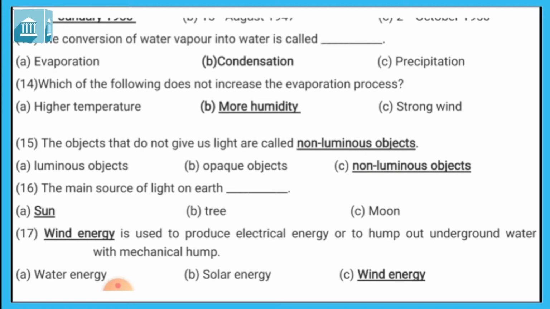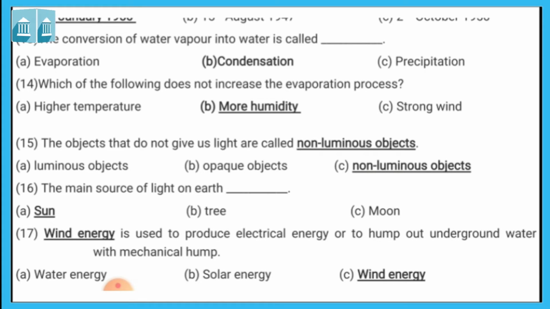15. The objects that do not give us light are called non-luminous objects. First is luminous object. So what is the definition of luminous object? That object that gives us light. B, opaque. So what is the definition of opaque?